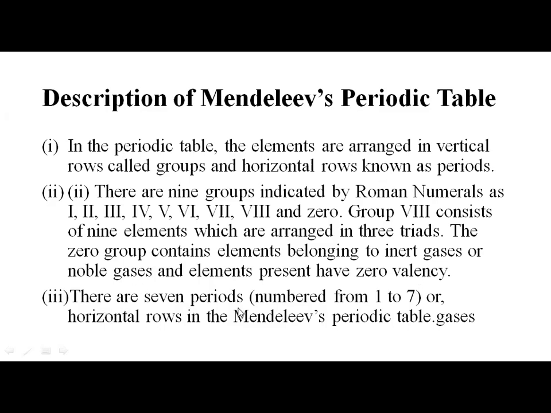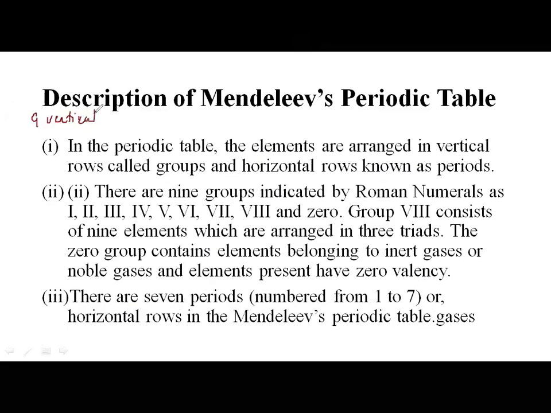There are 7 periods, numbered from 1 to 7, or you can say horizontal rows. There were 9 vertical columns called groups, numbered with Roman numerals 1 to 8 and 0.